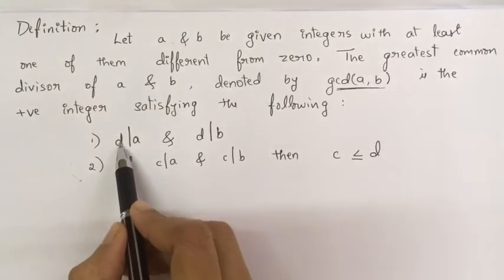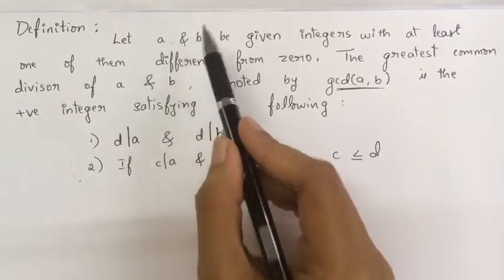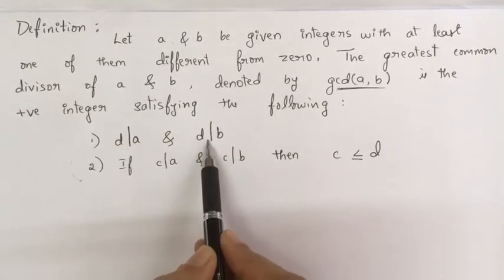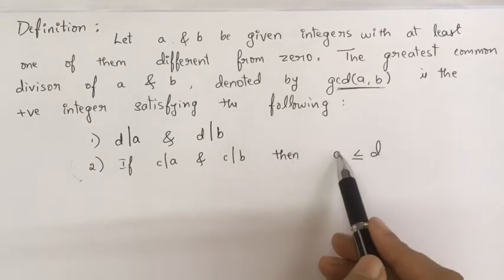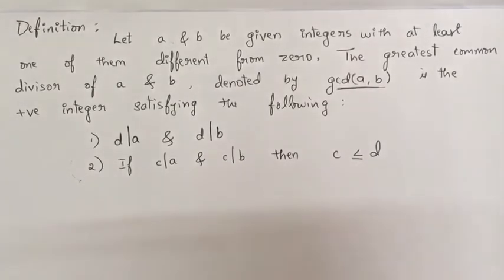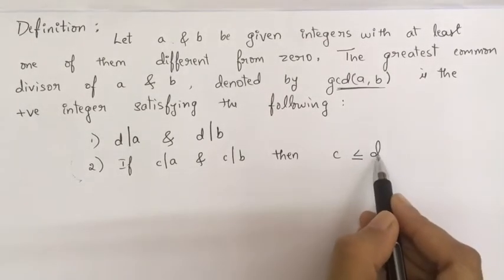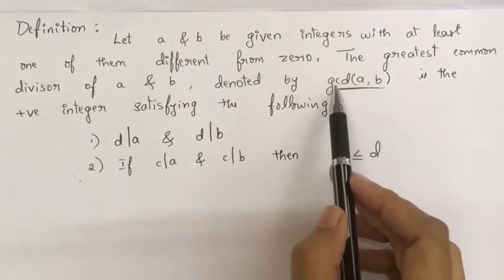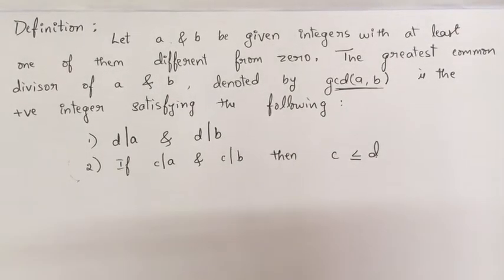We can say d is the greatest common divisor of a and b if d divides a and d divides b, and if there is any other integer which divides both a and b, then that integer must be less than or equal to d. Then only I can say that d is the GCD of a and b.